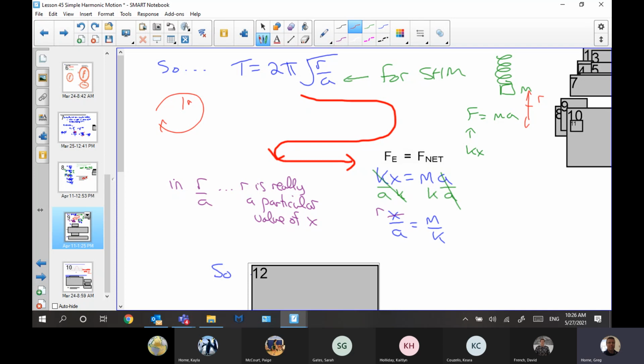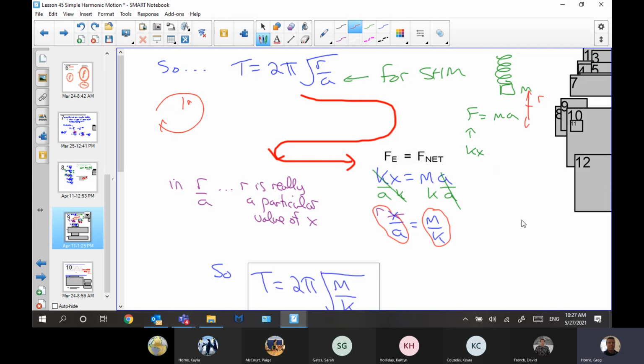So the circular motion version versus the simple harmonic motion version, the r is really just the x value. So this led to r over a being equal to m over k, mass over the spring constant. And that leads to the period formula.